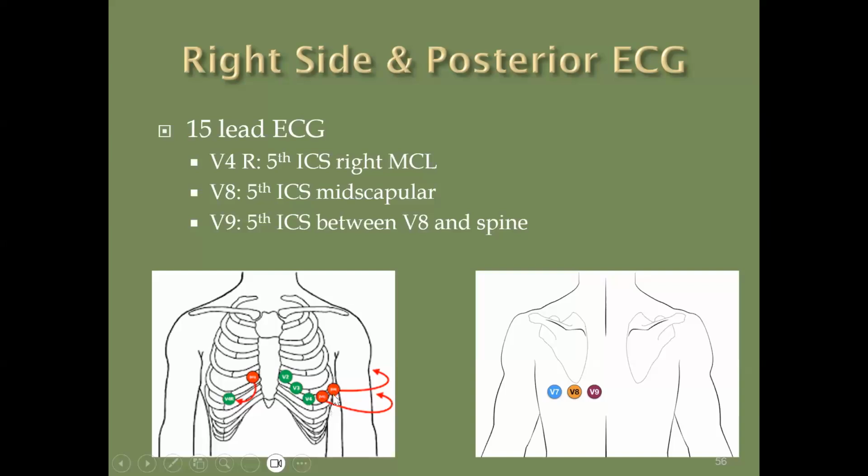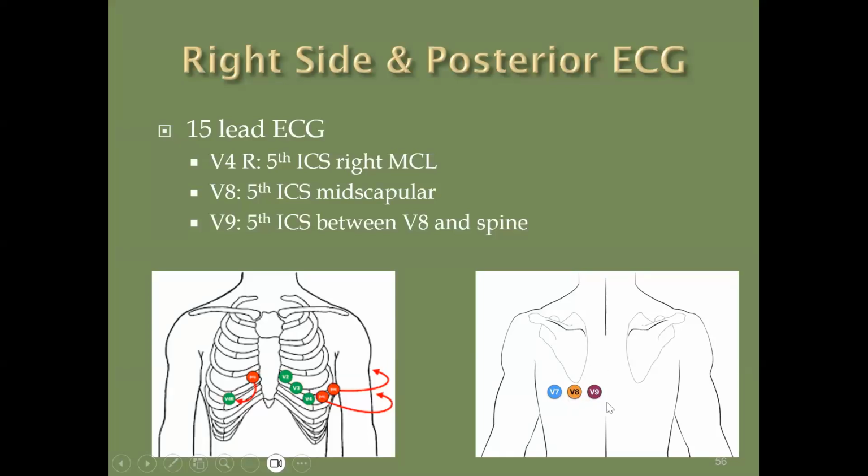Now, if you want to know if they're having a posterior wall MI, then you can bring your lateral leads across to the back, and you notice here's your scapula. The lead goes right here. You can move V5 here, and then V6 would move here, and then you would relabel them V8 and V9.